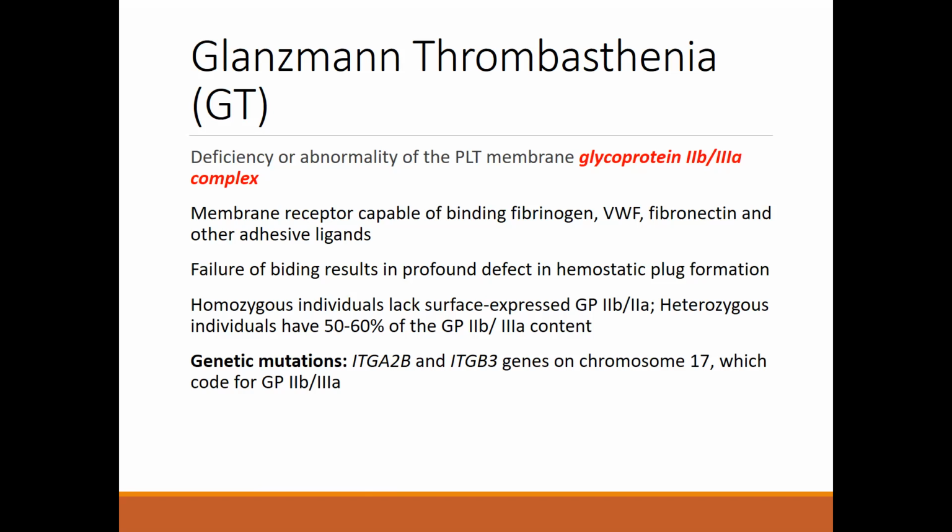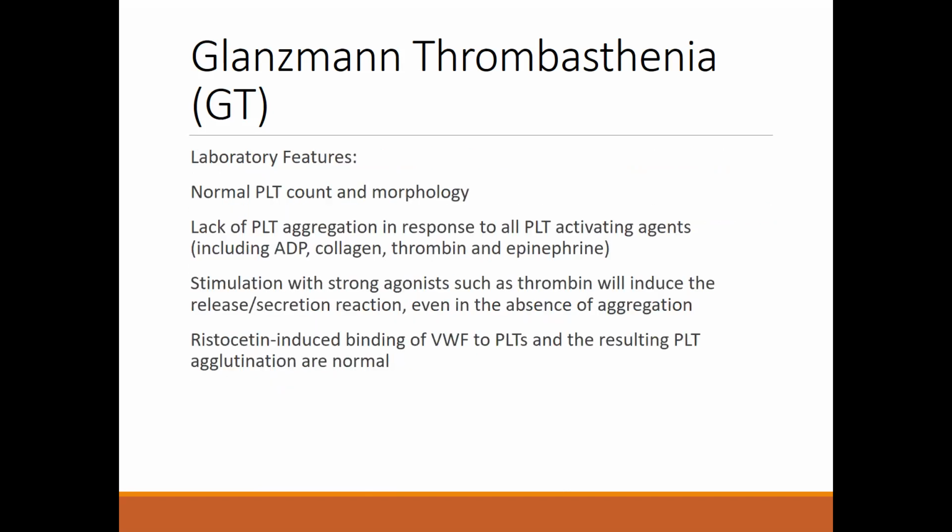This disorder, Glanzmann thrombasthenia, is a result of genetic mutations, two in particular, the ITGA2B gene and the ITGB3 gene, which sit on chromosome 17. These two genes code for glycoprotein 2B3A. So mutations in these genes will lead to a deficiency in this glycoprotein membrane receptor of the platelets.